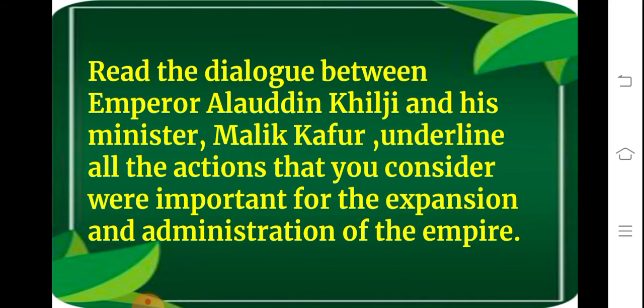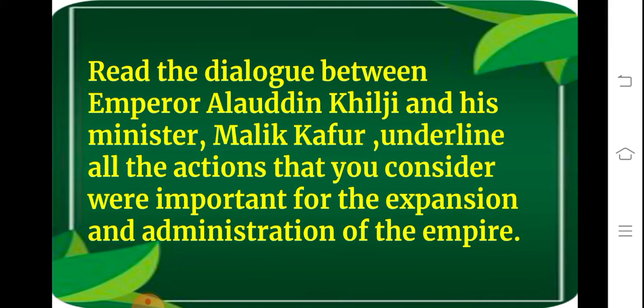What you have to do is fill in or choose the correct word to fill this blank. Now children, read the dialogue. The dialogues are on the next slide. Read the dialogue between Emperor Alauddin Khilji and his minister Malik Kafur.